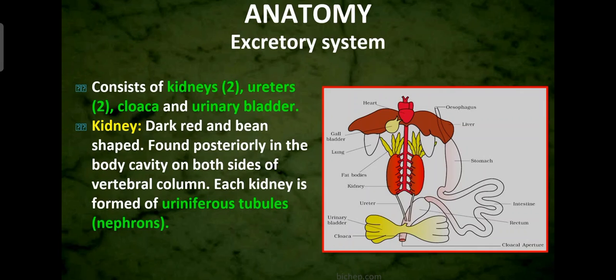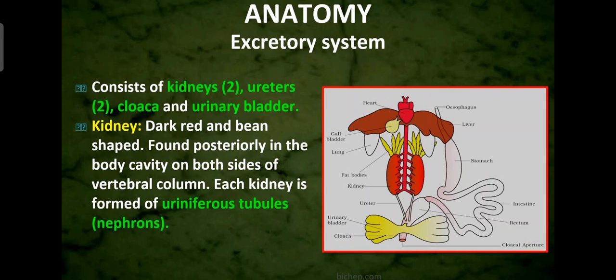Then it consists of the cloaca. Below, you can see the yellow color structure, that is the urinary bladder, and that is opening into the cloaca. Below the urinary bladder you can see the cloaca, which opens through the cloacal aperture. So the excretory system's main parts are kidneys, ureters, cloaca and urinary bladder.